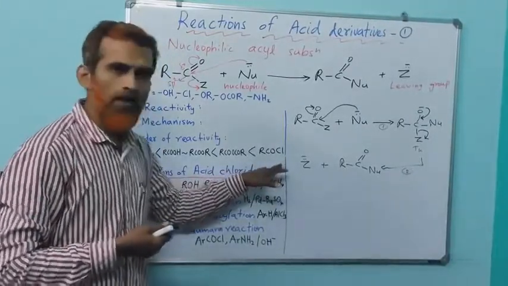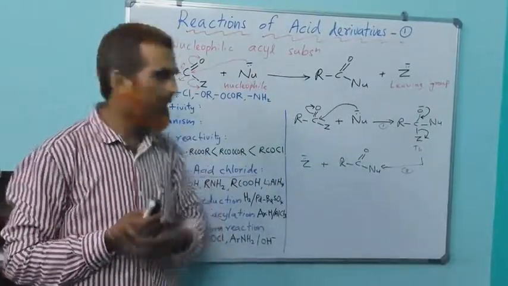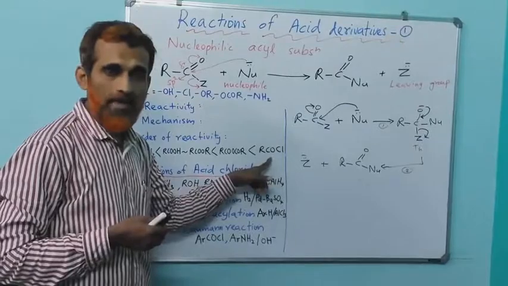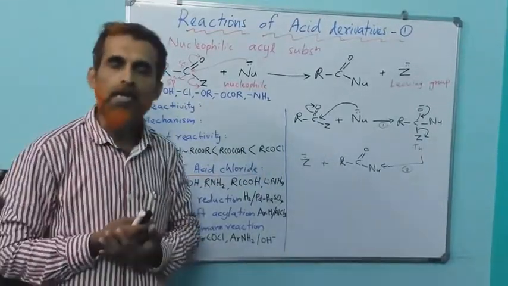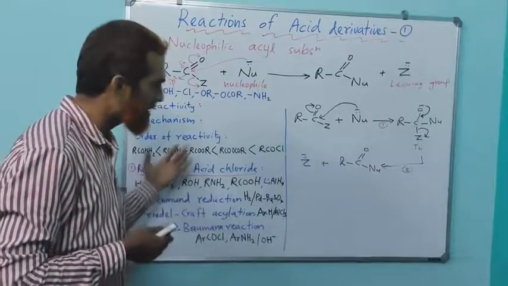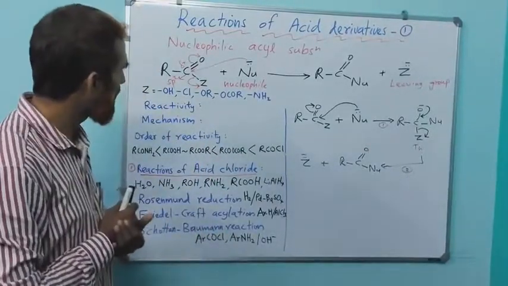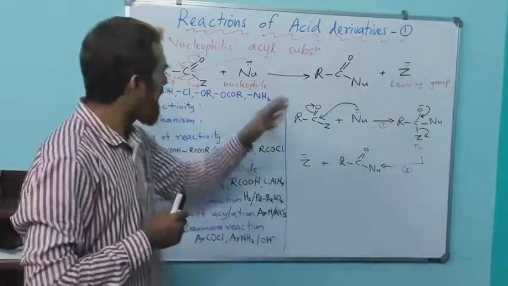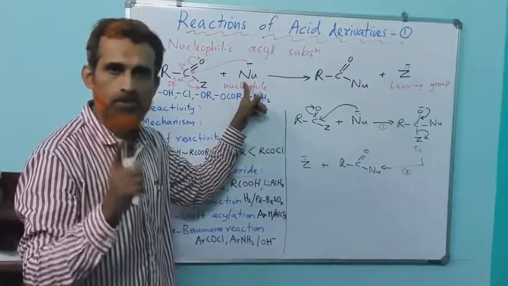Okay, and when we discuss the chemistry of acid derivatives, you can see that acid chlorides show more reactions and amides show the least reactions. How do we explain this reactivity? It's very easy, interesting. Look at this reaction again. The nucleophile is a base too.